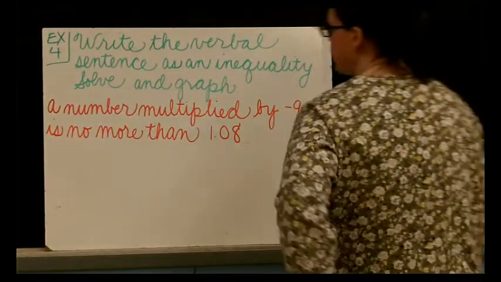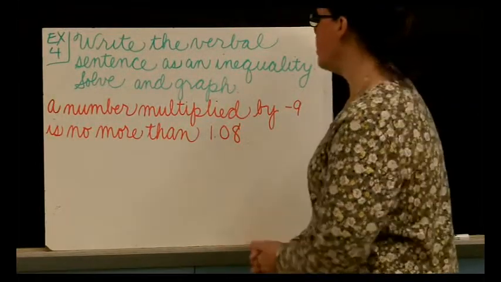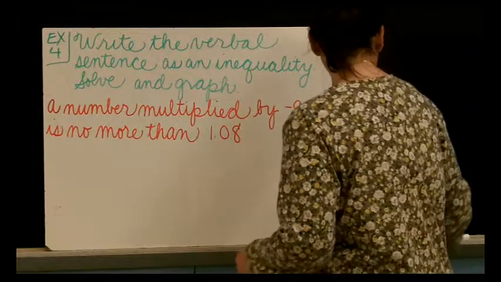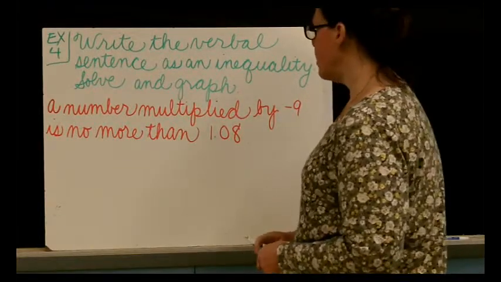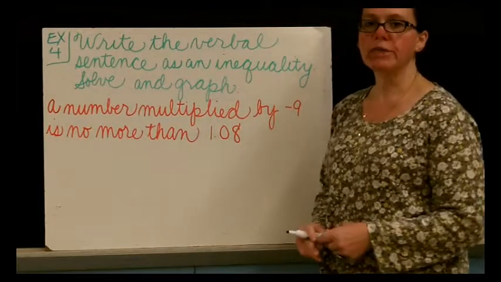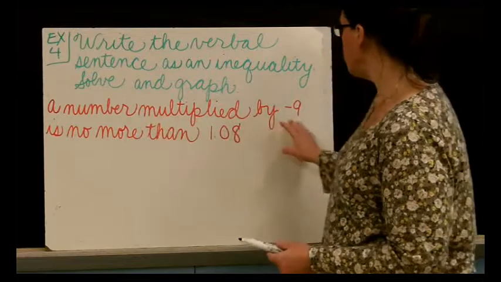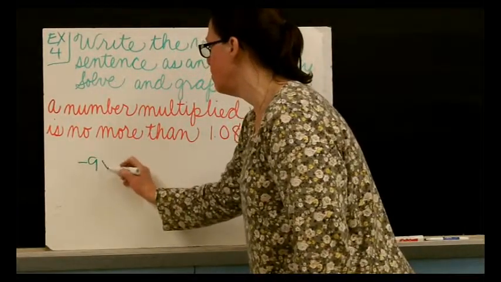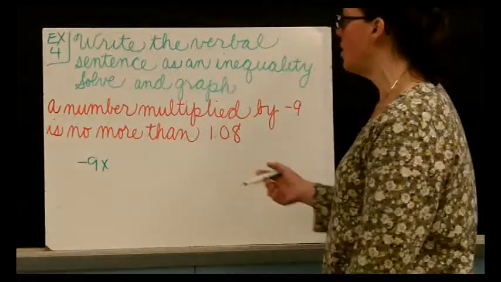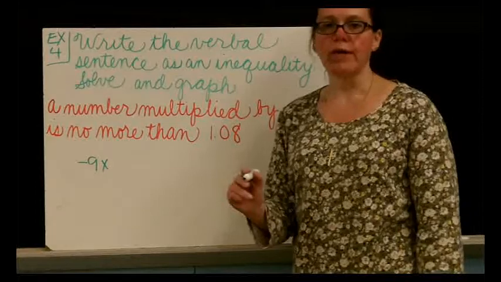And finally, our last example. Write the verbal sentence as an inequality, solve, and graph. A number multiplied by -9 is no more than 1.08. So let's take our first piece. A number multiplied by -9, that means -9x, or any variable that you want, is no more than 1.08.